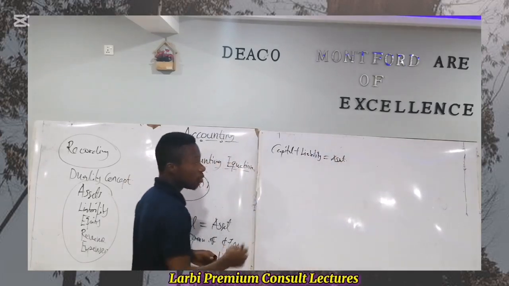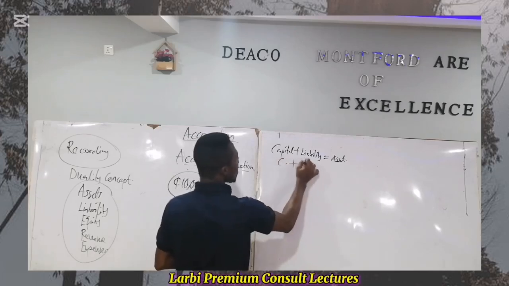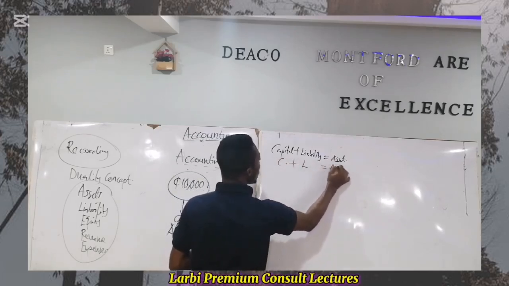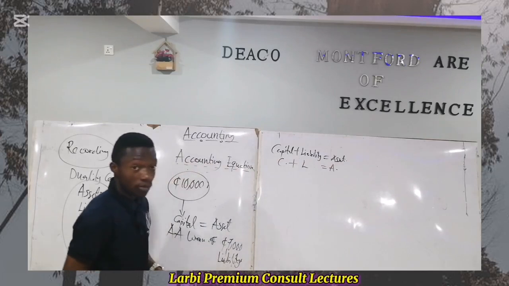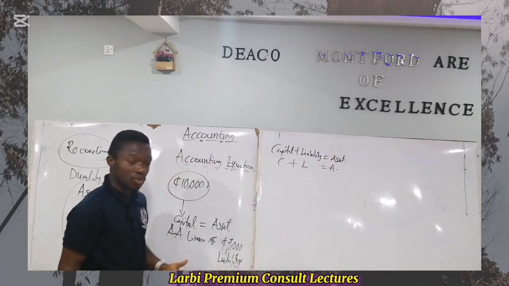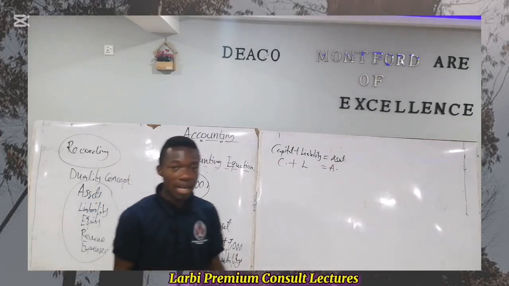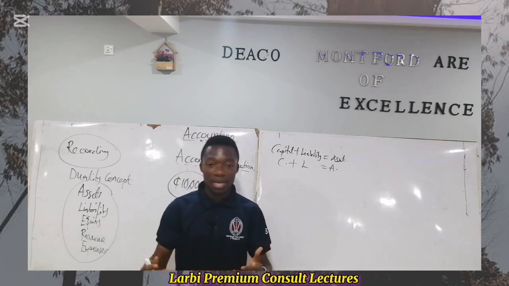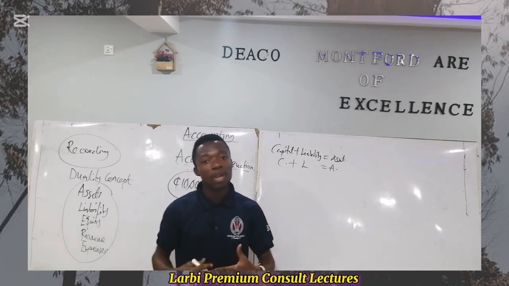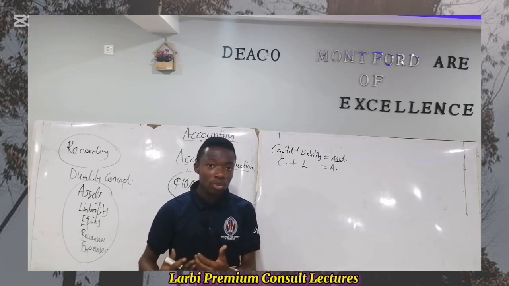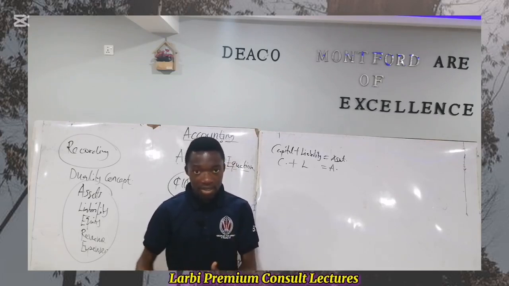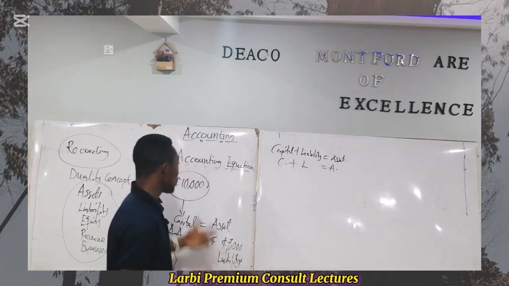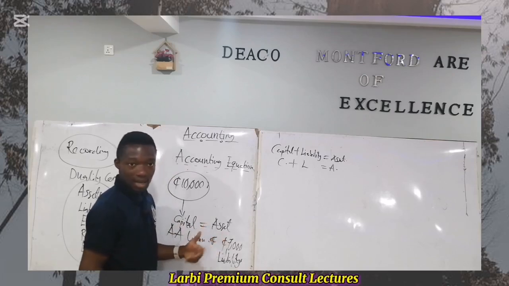So we have C plus L should be equal to A. This is what we call the accounting equation. The accounting equation is saying that when it comes to resource provision in the business, we may have the owner supplying all the resources to run the business. In that way, we'll have the capital being equal to the asset.